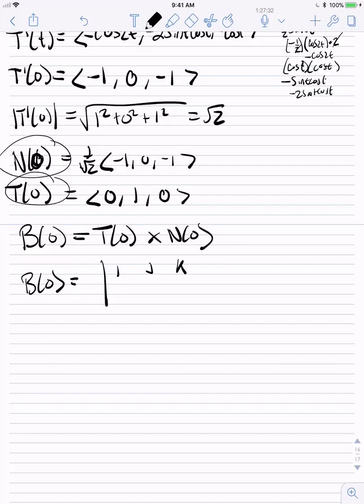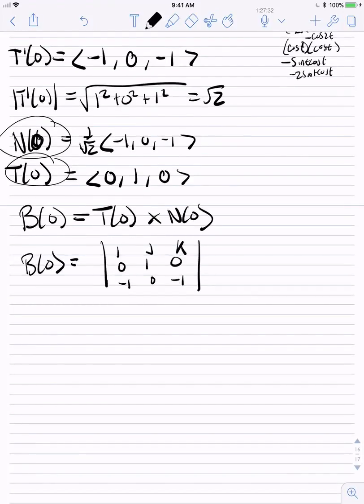T's first, so negative 1, 0, negative 1. Oh, I'm sorry, it's the other way around. T is 0, 1, 0, and then we're crossing with n, negative 1, 0, negative 1. And there's a constant here, 1 over square root of 2, but that's not going to matter. We'll see why in a second.